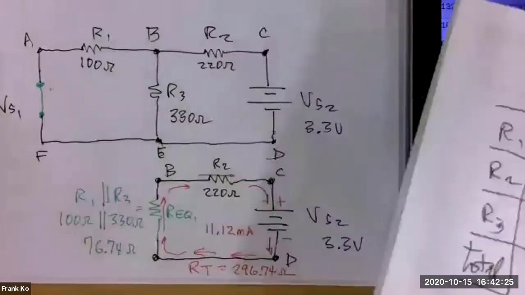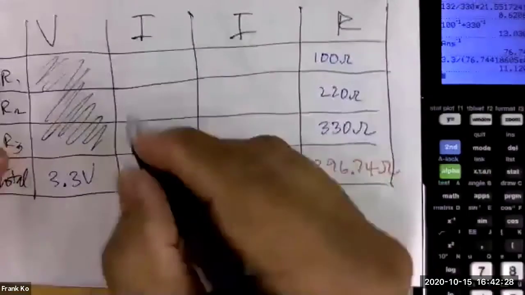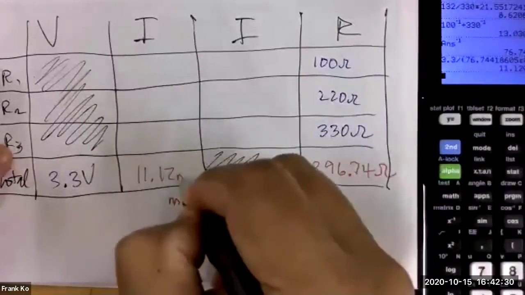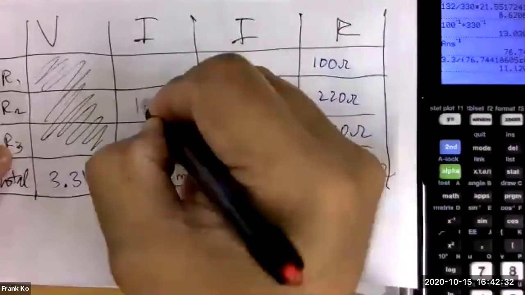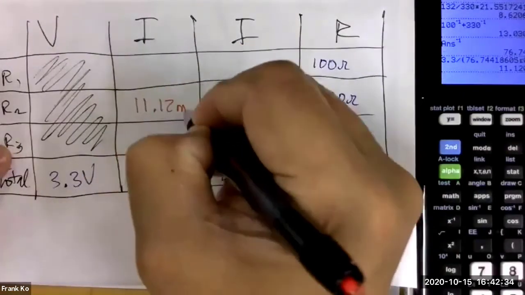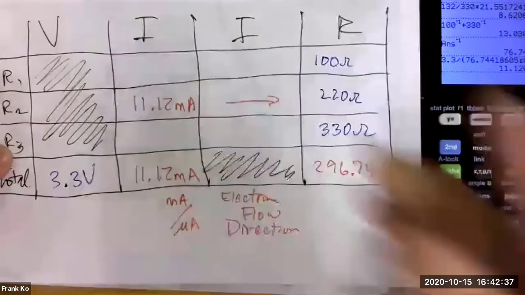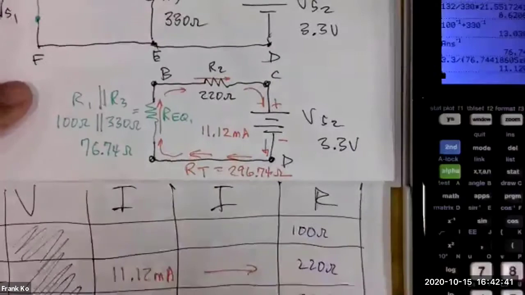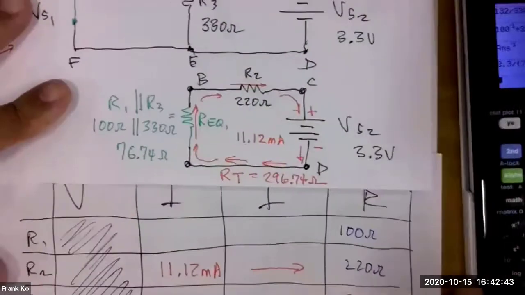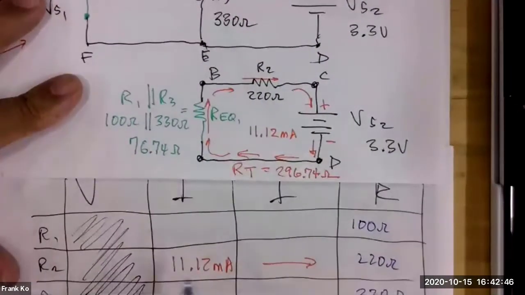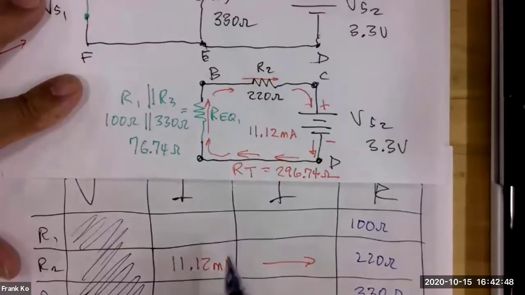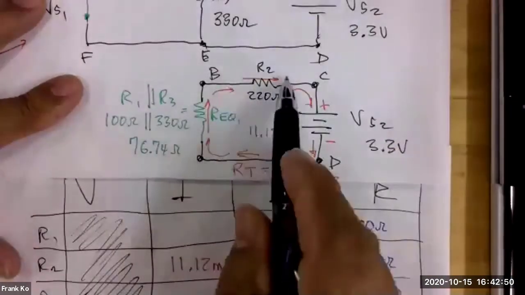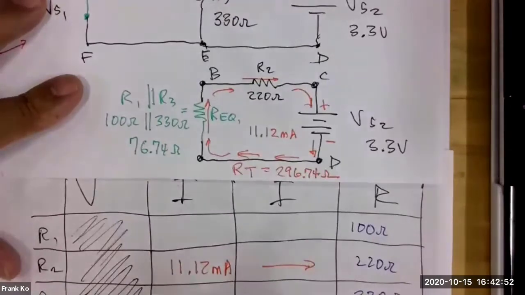So in this table, we can fill in 11.12 milliamps for IR2, and it flows to the right. Is that correct? Is that information reflecting what it is that we have here? For R2, 11.12 milliamps, and it is flowing from the left to the right. So we draw it this way. Everybody okay with those two values and those two cells? So far, so good? Okay.